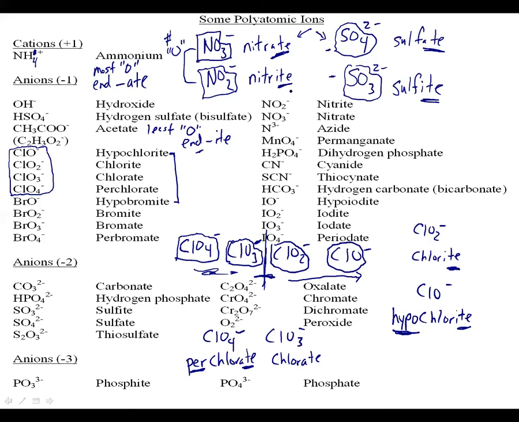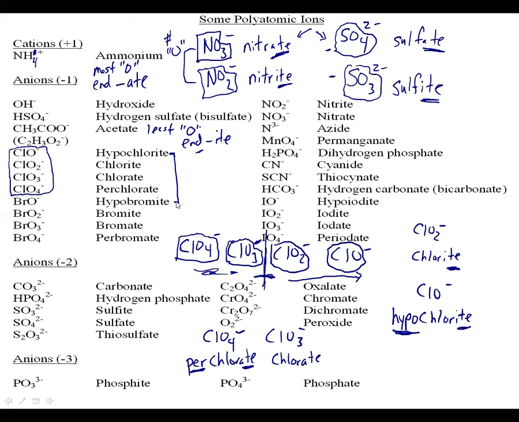Or alternative to that, some people will remember all the ites and know that the ate guy would be 1 oxygen more. So those are a couple good ways to do it. Sometimes you don't have to memorize it all individually. You can learn the ates or the ites and know that if you learn the ates, the guys that end in ite should be 1 oxygen less, or vice versa again. If you learn the ites, the ones with the ates should be 1 oxygen more.